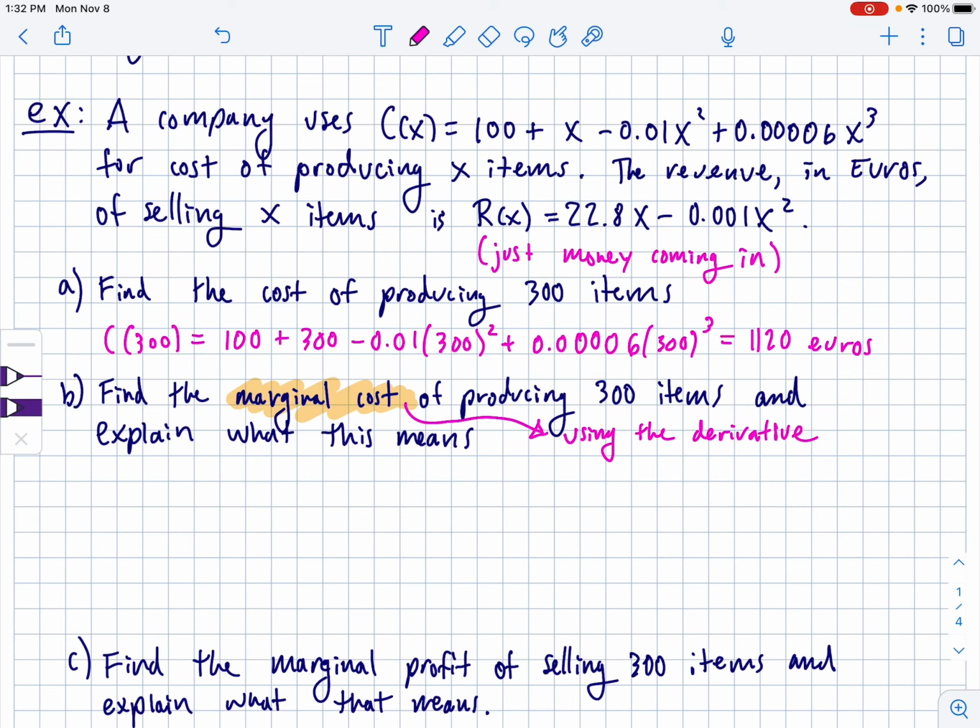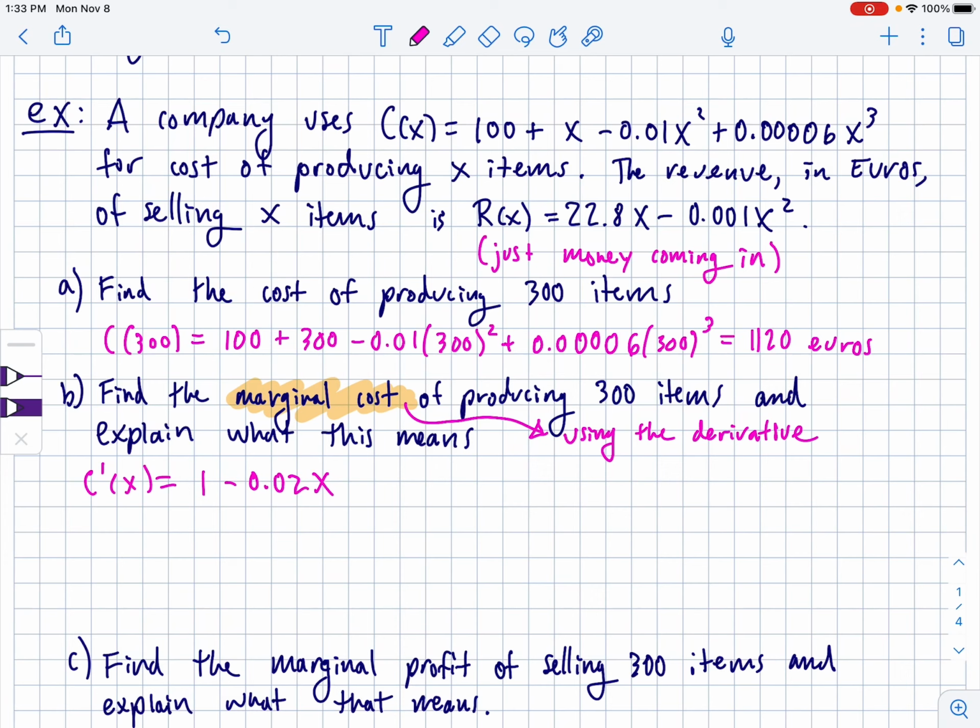Finding the derivative of this is not that bad, we'll just do the power rule. So C prime of x: the 100 goes away, the x gives 1, then 0.01 times 2, which is 0.02x, and then bring that 3 out in front of the 0.00006.